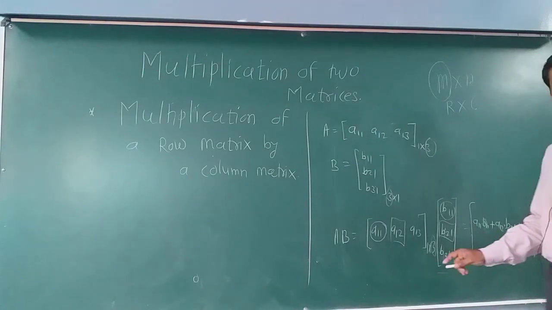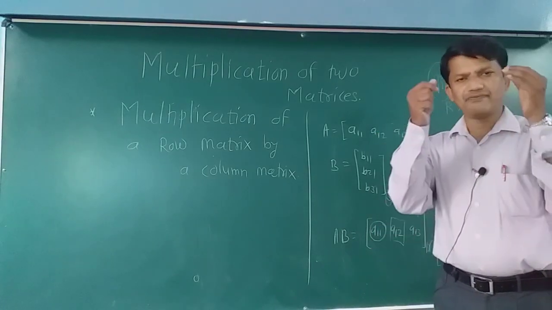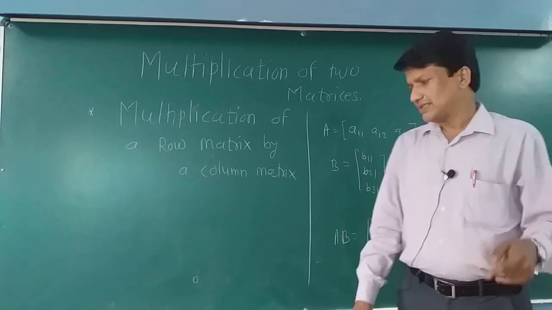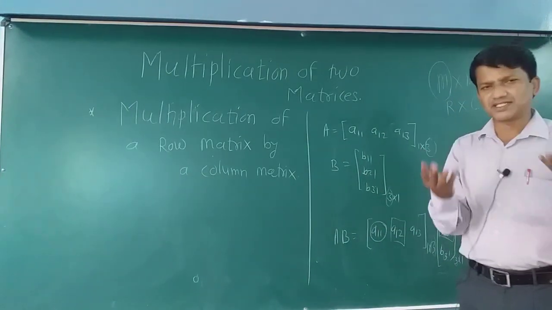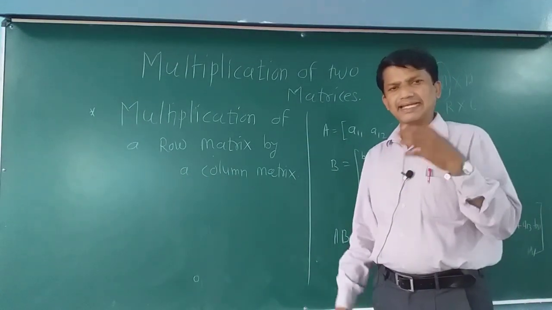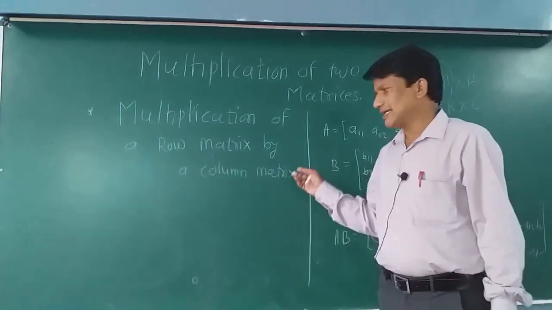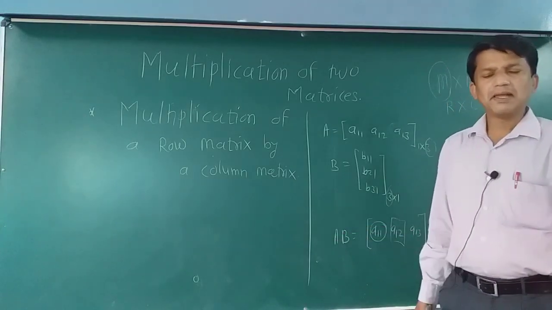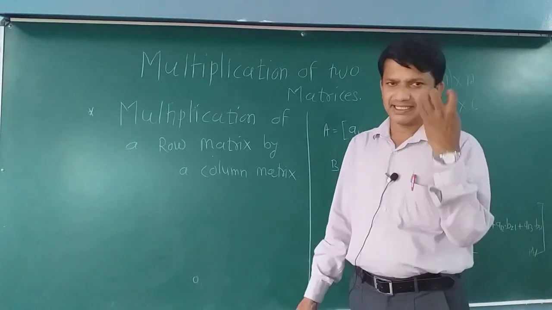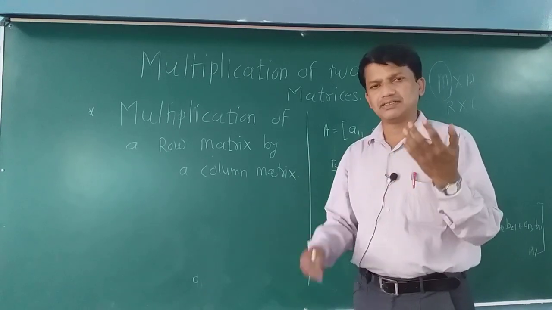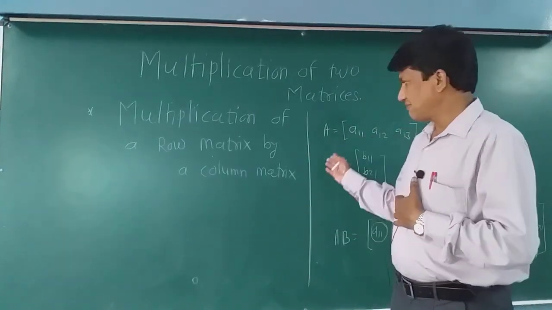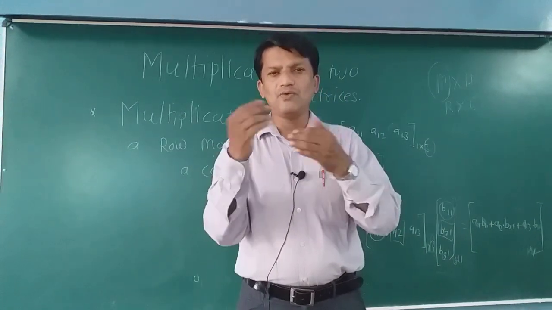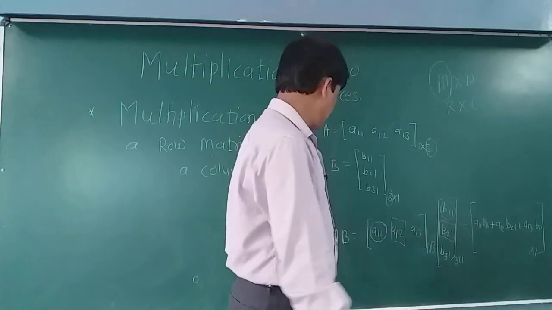So this is the rule for finding the product of two matrices. This is the pure definition given. Some students can easily understand, some students can get confused in this multiplication of matrices. But by taking some examples, you can easily understand how we multiply two matrices.